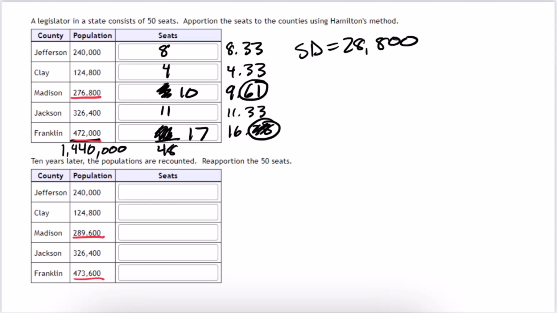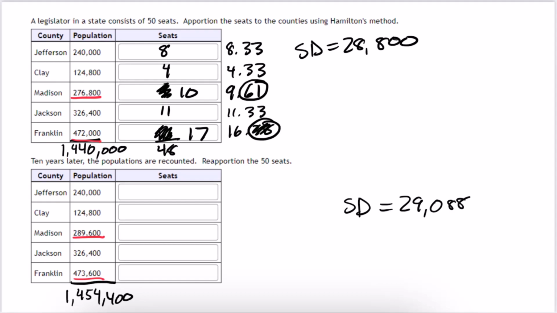If we calculate out the apportionment with Hamilton's method, then we would start by adding up this new population, which adds up to a total of 1,454,400. And if you take that number and divide by 50, the standard divisor would be 29,088. And so that would be our new standard divisor.